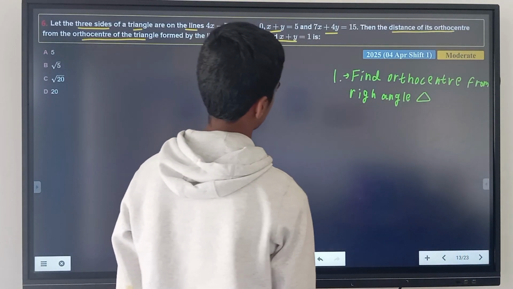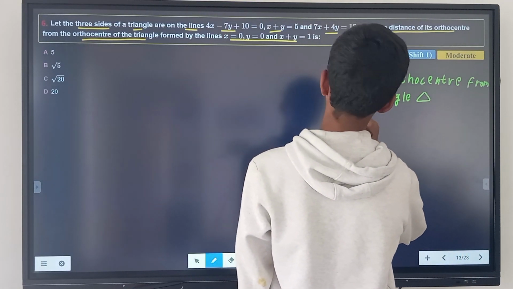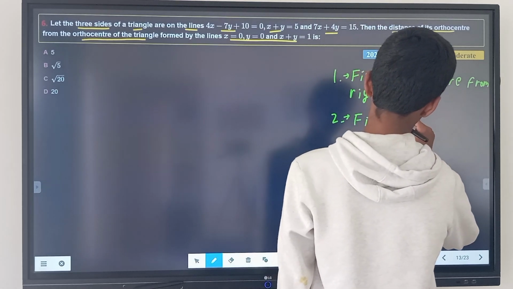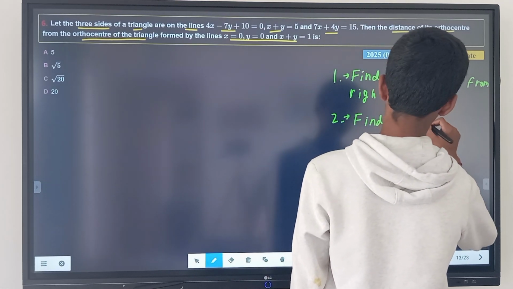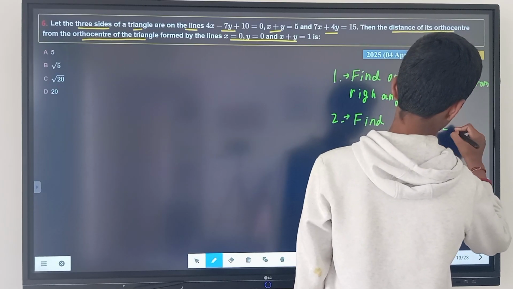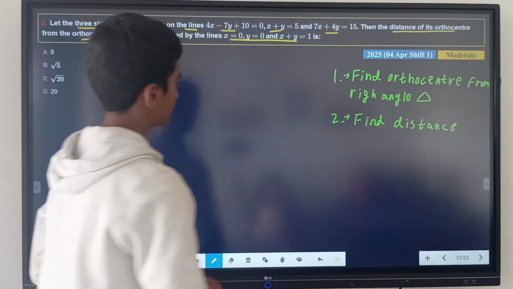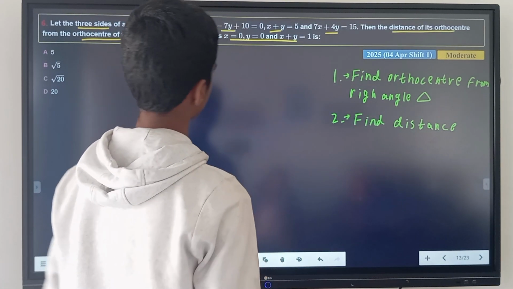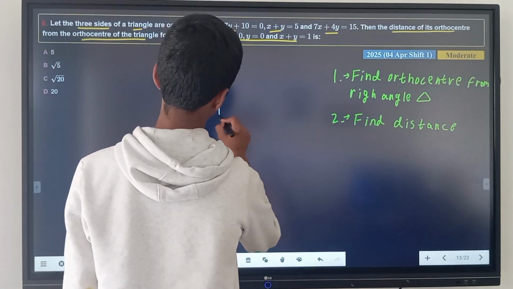Both are right angle triangles. Second step will be find the required distance. Now let's plot the first triangles.